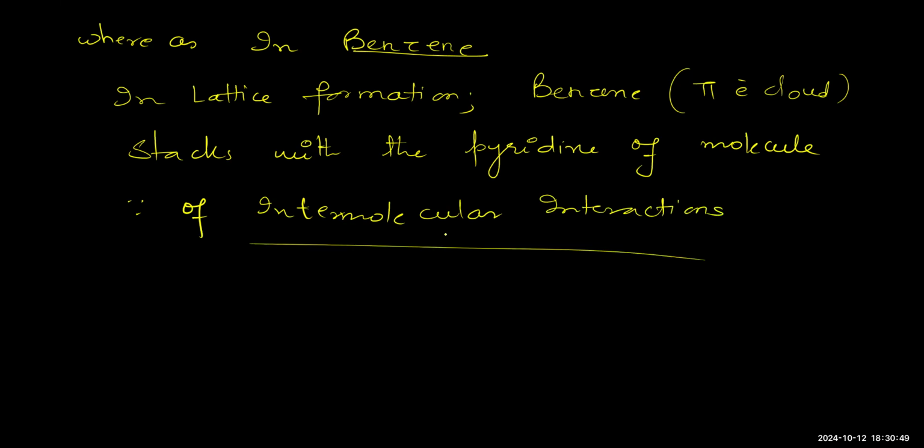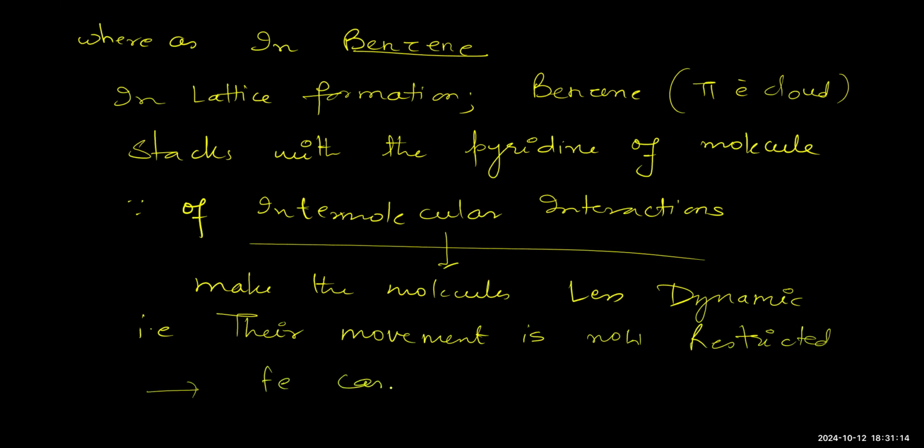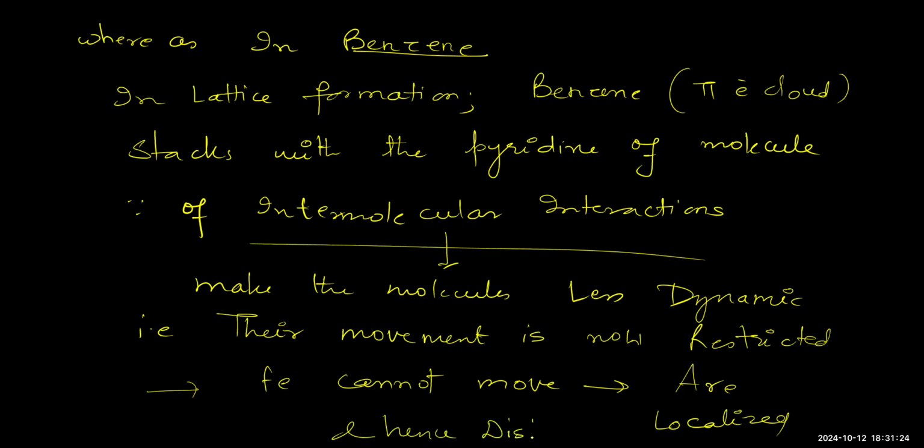So these intermolecular interactions make the molecules less dynamic. That is, their movement is now restricted. So once the movement is restricted, iron centers cannot move, and therefore they are called localized and hence distinguishable.